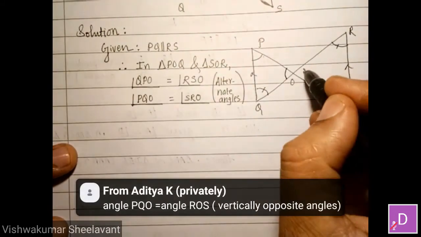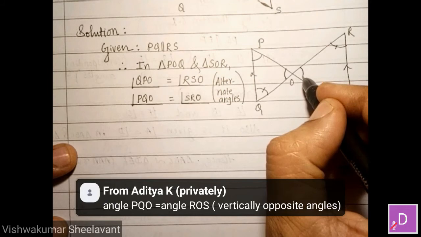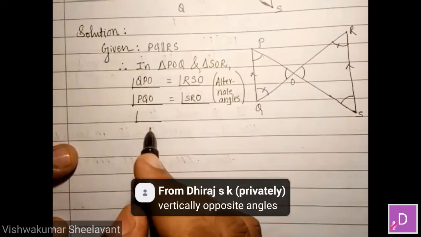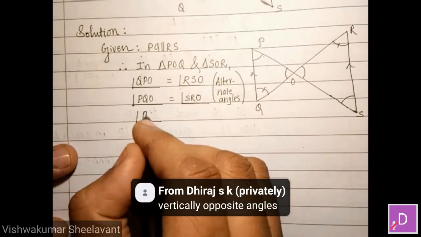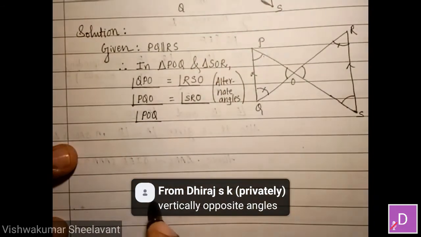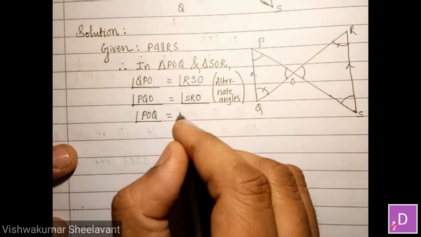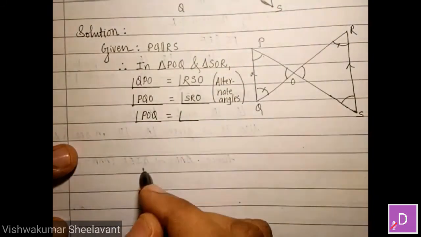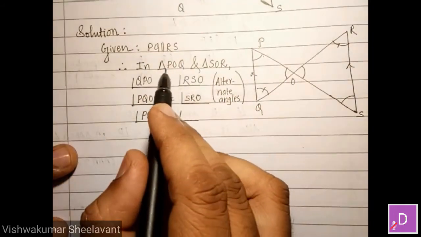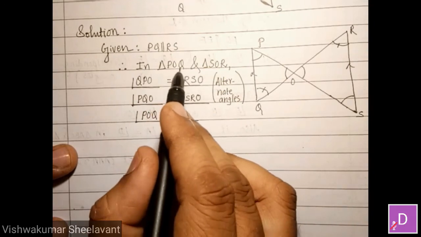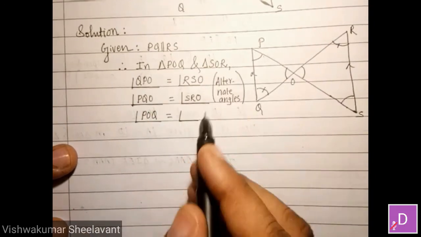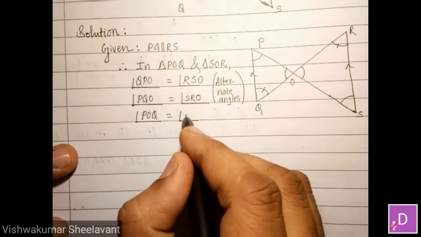What about these two angles? Angle POQ equal to angle SOR. In this order only we have to go, POQ, SOR. Correspondence.